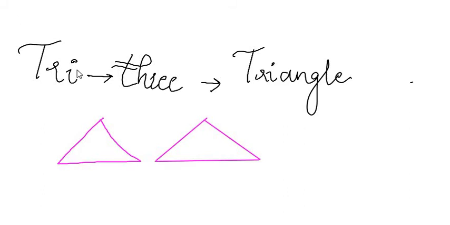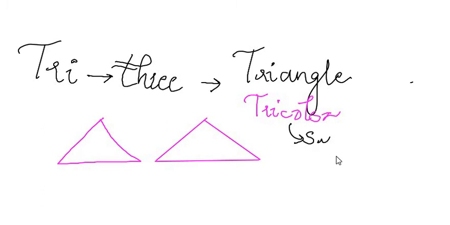So triangle is there, and then you say tricolor. For our national flag of India, right? What's a national flag? It has got 3 colors, right? So which colors does it have?